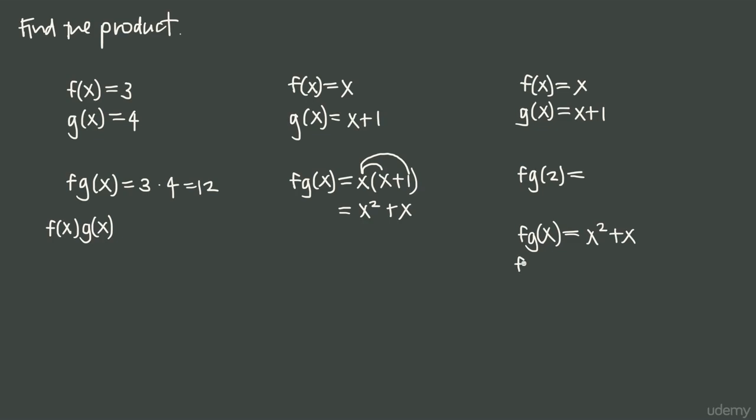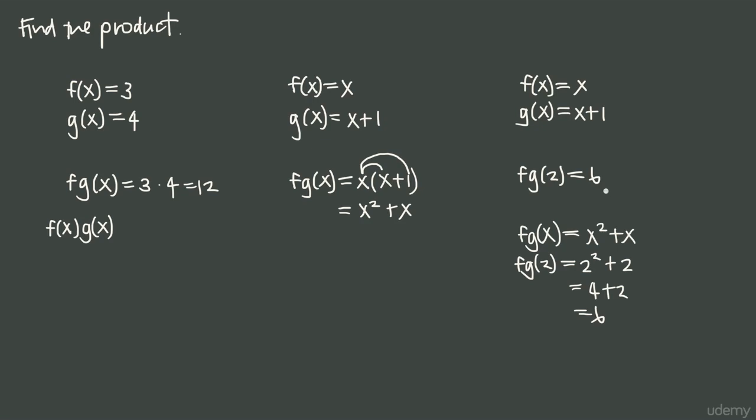And when we do that, we get fg of 2 is equal to 2 squared plus 2, or 4 plus 2, or 6. So in this process, we first multiplied the functions together to find the product, fg of x. Then we evaluated the product at x equals 2 to find the value here, 6.